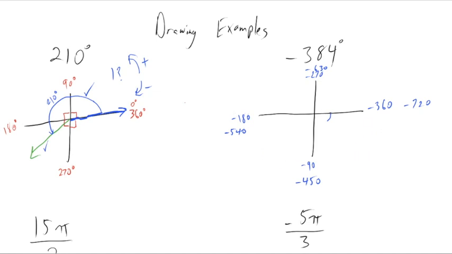So I need to go past the 90, past the 180, past the 270, past the 360, and look, I kind of made a spiral. This spiral is telling me that I keep on rotating. I know that I need to stop at 384, and that's going to be between this 360 and this 450, and closer to 360 since it's only 24 away. So I'm going to just end it here.